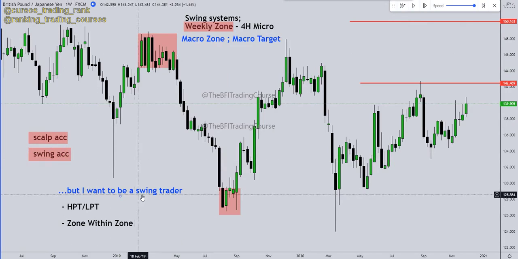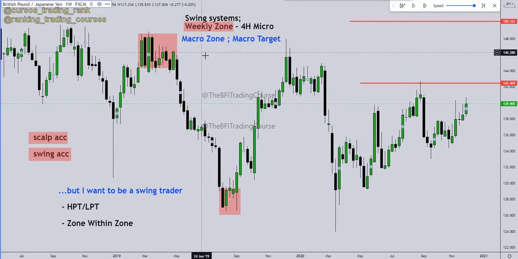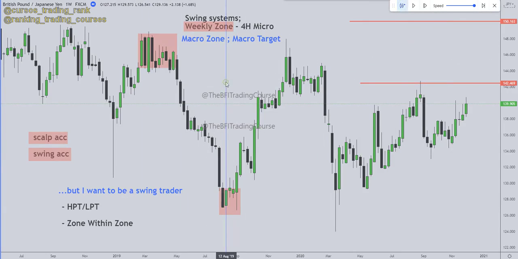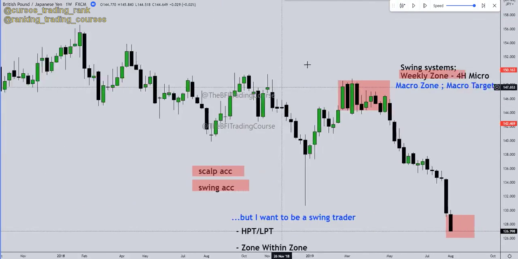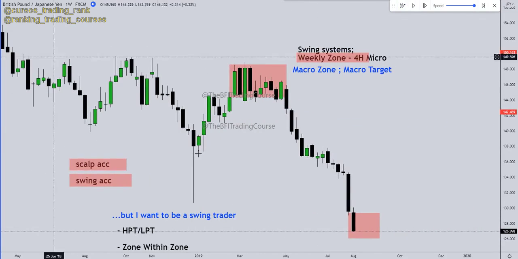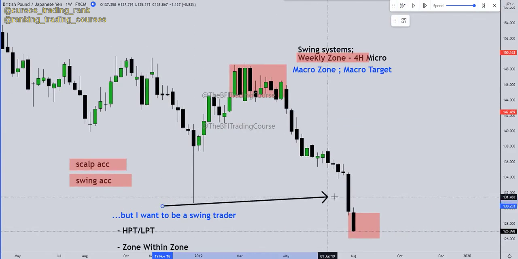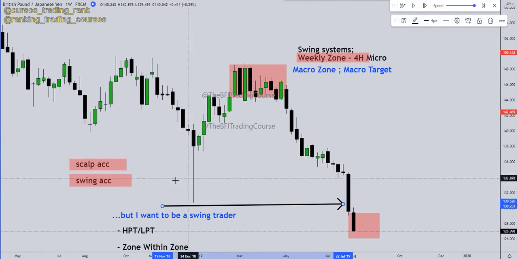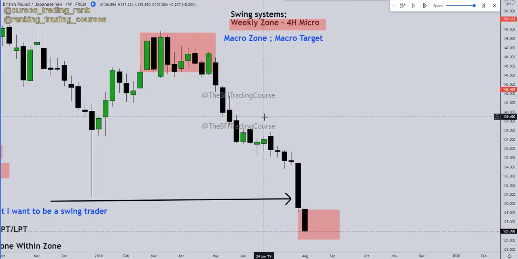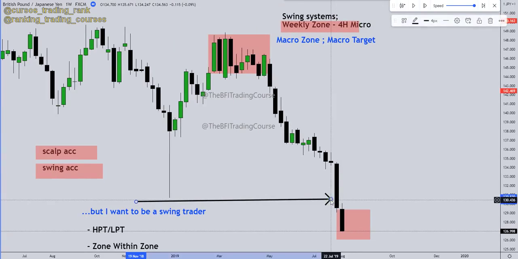Okay, you can be a swing trader today. Just decide to trade at the weekly zones and use a weekly target. Okay, somebody who maybe sold right there, their weekly target somewhere over here, they would not be going on the 4 hour or 15-minute to find a target.